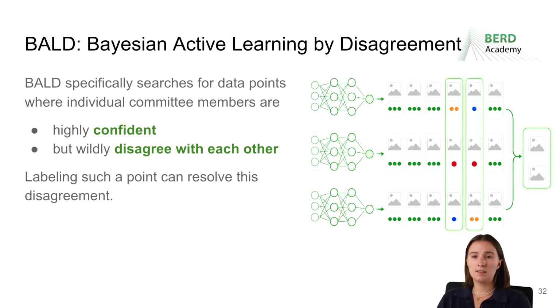And the idea here is that since all the models are very confident about their own predictions, but they disagree with each other, it shows that there actually is not enough evidence in those examples to properly set the decision boundary. And we would need more information exactly there to resolve this disagreement.